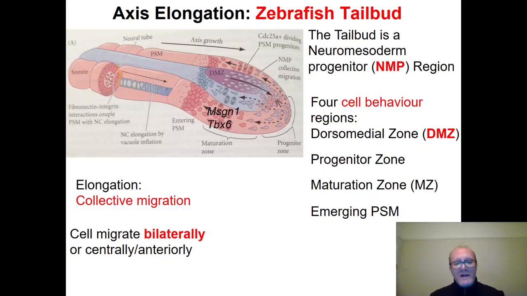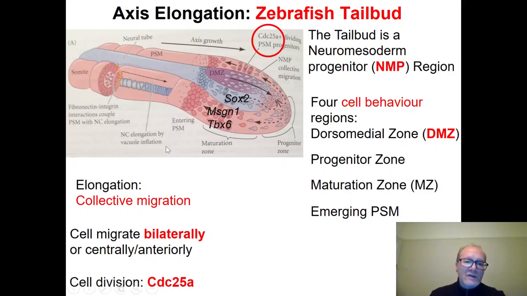So the cells that are moving laterally are going to express genes like MSG1 and TBX6, while the cells that are moving centrally are going to express genes like SOX2. Now remember, we already mentioned SOX2 when we were talking about neurulation, so this is not something new to you. You know that neural plate cells, dedicated to the formation of the neural tube, express genes like SOX2.